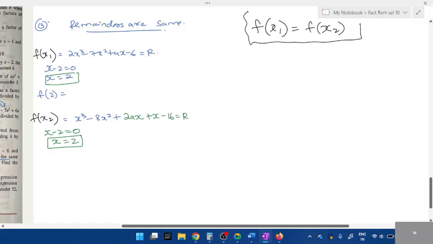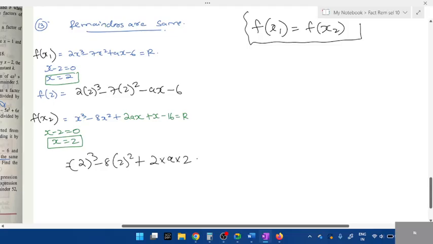So let me substitute 2 here. 2 into 2 cube minus 7 into 2 square minus ax minus 6. This is the first equation. And for the second equation, if I substitute, I get 2 cube minus 8 into 2 square, 2 into a into 2, plus 2, right?